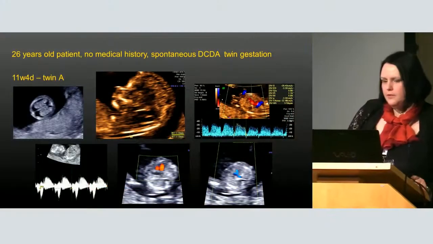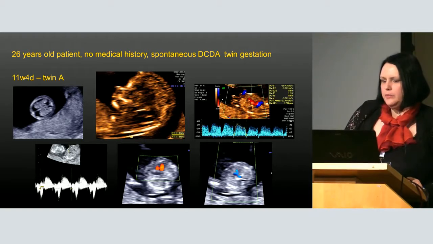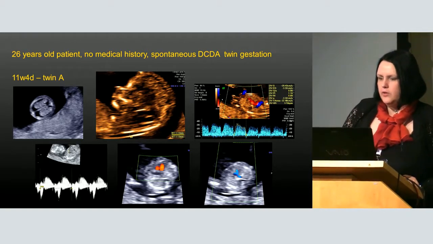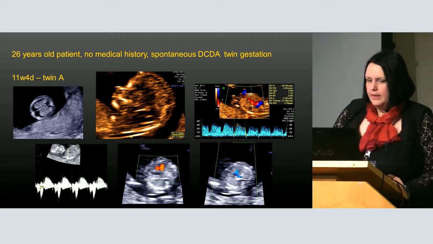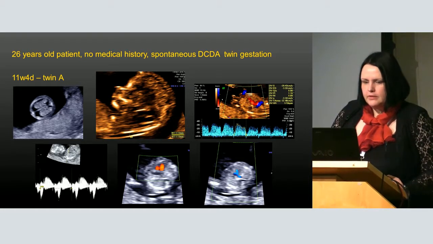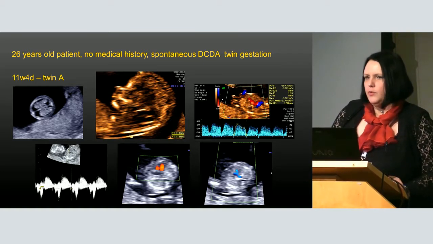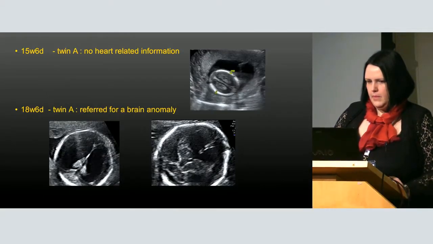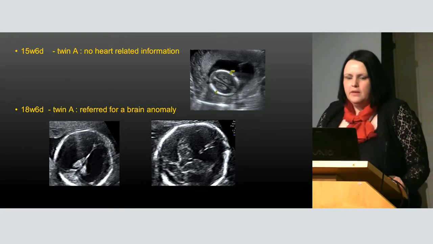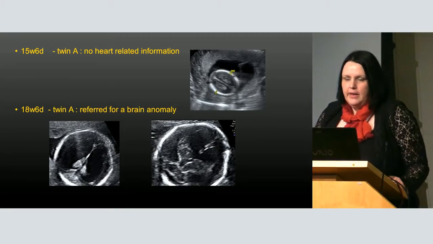So my second case for today is in a spontaneous dichorionic diamniotic twin gestation, still in a patient with no medical history. At the first trimester morphological scan, those are the features for twin A. At 15 weeks, still for twin A, but unfortunately we have no information about the heart.